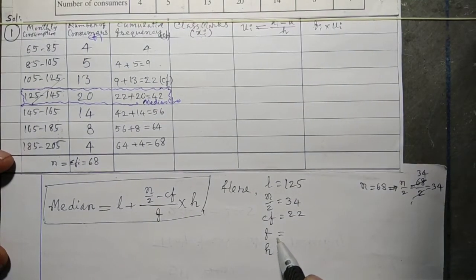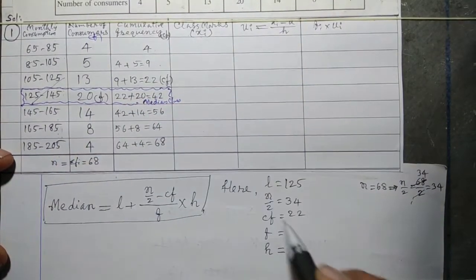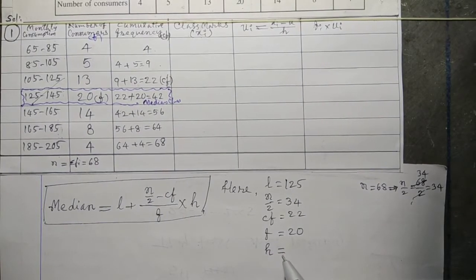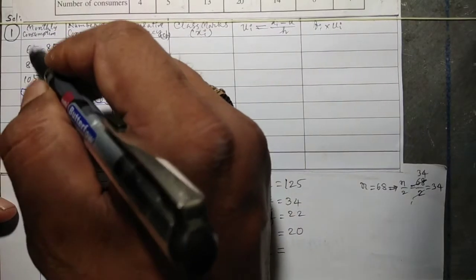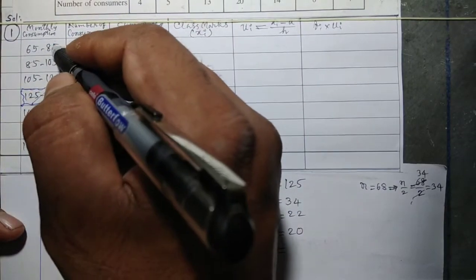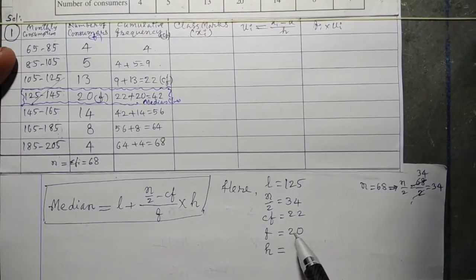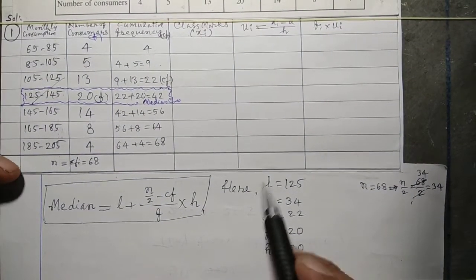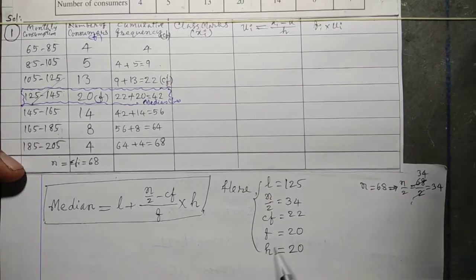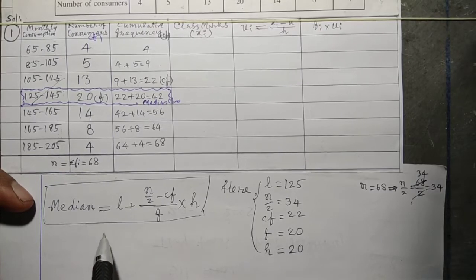Frequency f of the median class is 20. H is the height, or length, or size of the class, the difference of the lower limits or upper limits. So 145 minus 125, 20. Based on these values, we can find the median by substituting in this formula.